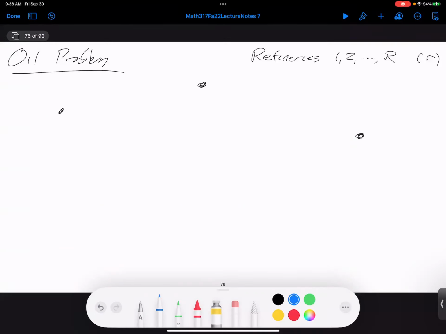And we'll have a bunch of markets for the product. And it'll be 1, 2, ... capital M. And I'll use lowercase m as my index for the market.